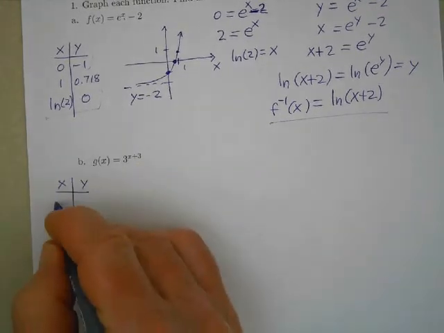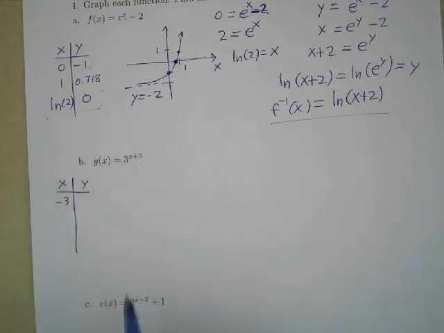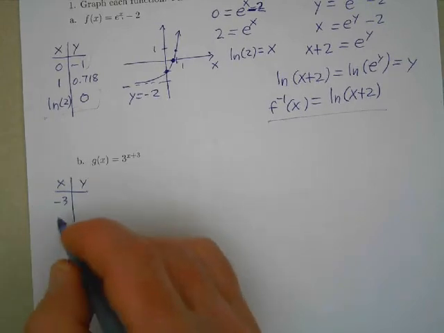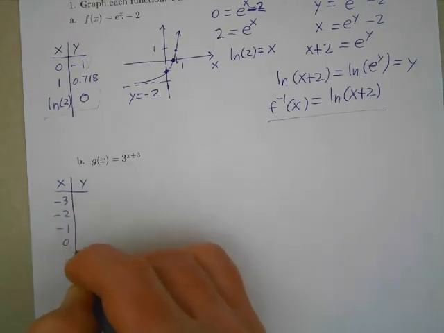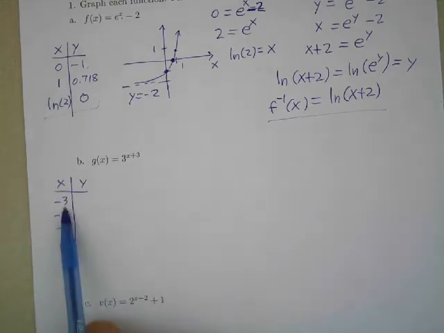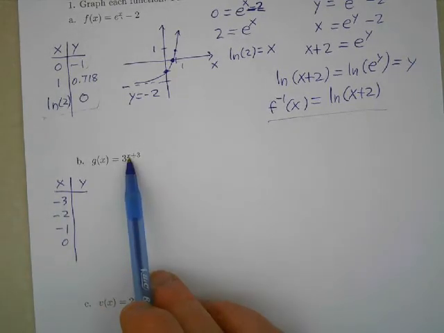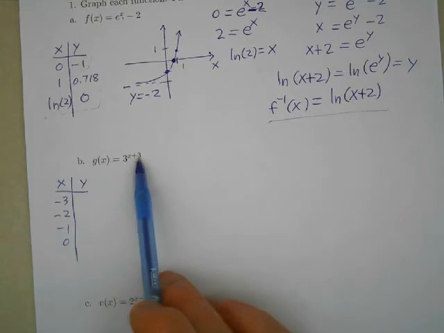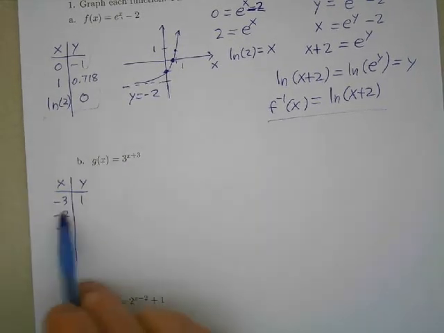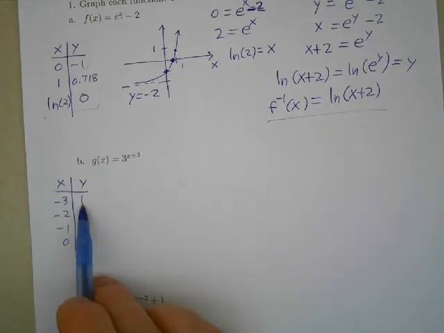So I'll start with negative 3, and then we'll find some ordered pairs. When x is negative 3, the exponent is 3 to the 0, which is 1. So negative 3, 1 is a point on the graph.